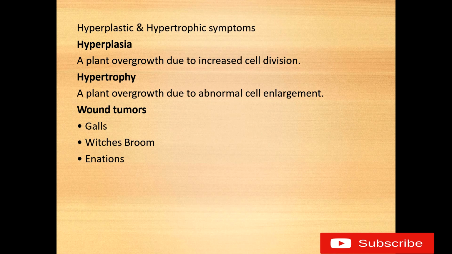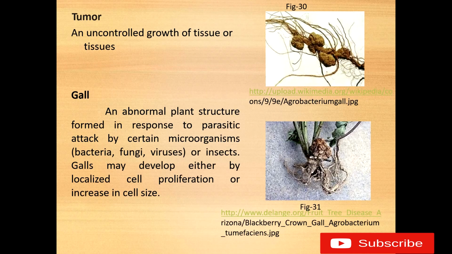The first one is uncontrolled cell division. The second is abnormal cell enlargement, which also causes wound tumors such as galls and enations. All these are known as wound tumors. A tumor means the uncontrolled growth of tissue.